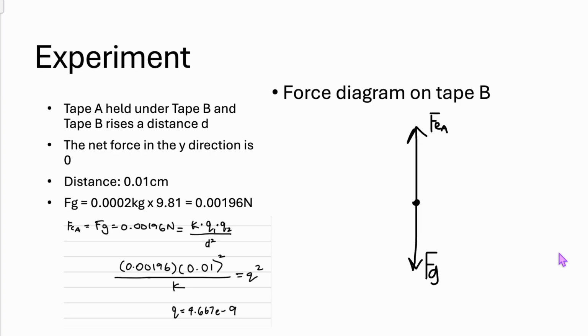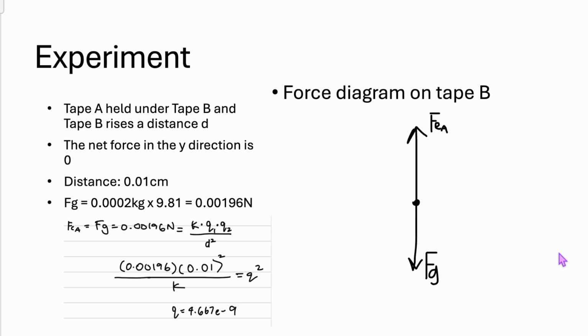So for the experiment, we held tape A under tape B, and that caused tape B to rise a distance d, and the net force in the y direction is 0 because the electric force from tape A cancels out the force of gravity.